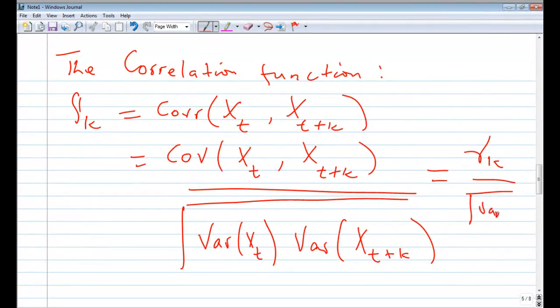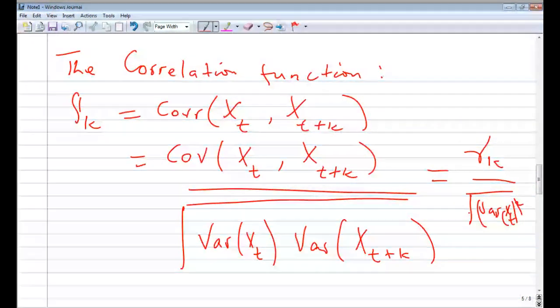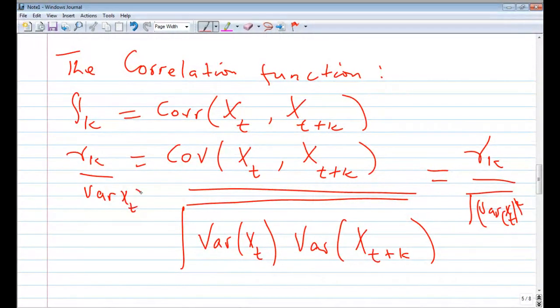But there is a square root there, so the square root and the square can cancel each other. At the end of the day, you are going to have gamma k over var of xt. But you know that var of xt is equal to gamma 0, so you can substitute that, and you have gamma k over gamma 0.